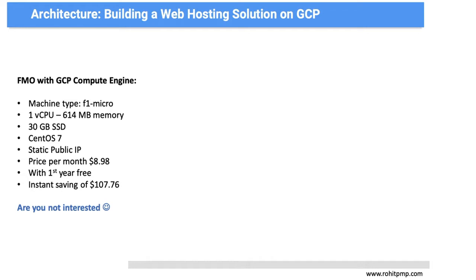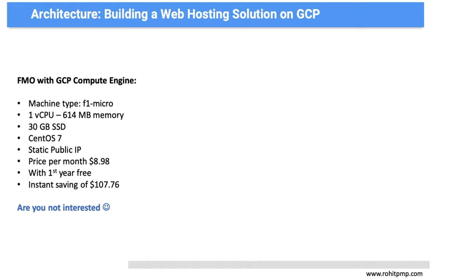The most beautiful thing here, the moment you sign up for GCP for the first time, you get all this and more for free in the first 12 months. So if you just look at this web hosting side, you have an instant saving of 107 odd dollars. Well, if you look at that, are you not interested?